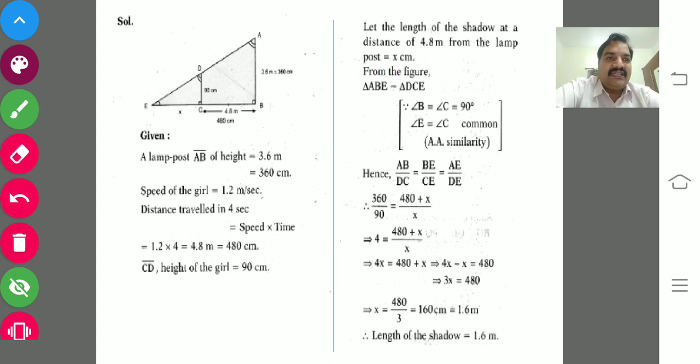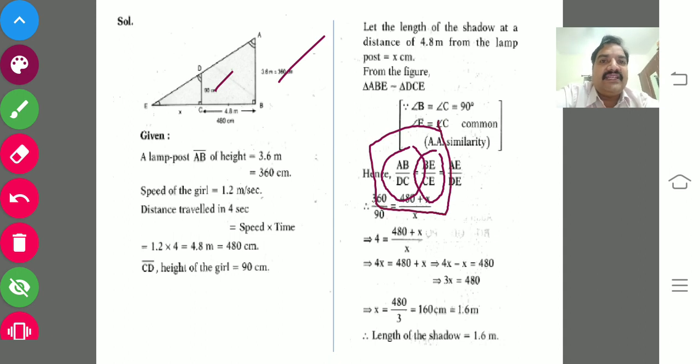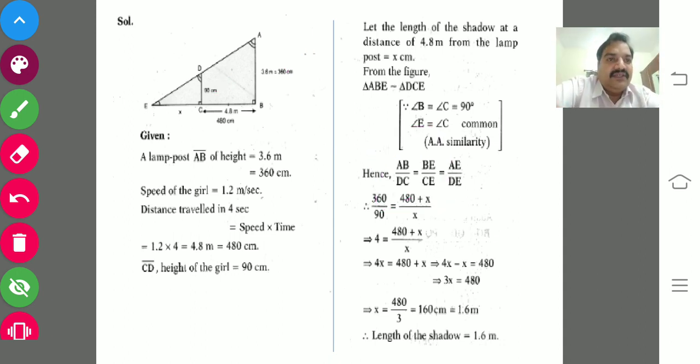From the three, you select the two ratios that you need. Here you are going to find CE, so that ratio is needed, and AB by DC is also needed, because we know the AB value as well as the DC value. So you select only these two out of three. Then you just apply the values.